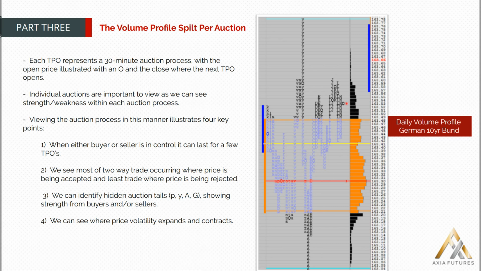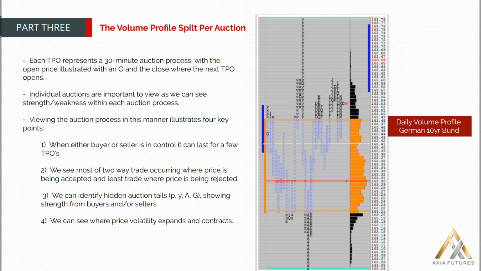The next reason we want to split is that we can identify hidden auction tails, as mentioned before, and these auction tails will show us strength from buyers and sellers. And the fourth reason is we can see where price volatility expands and contracts. What do we mean by that? In other words, we have small ranges initially in this auction for the first couple of half-hour bars, and then when we have the V print, the market suddenly opens up.